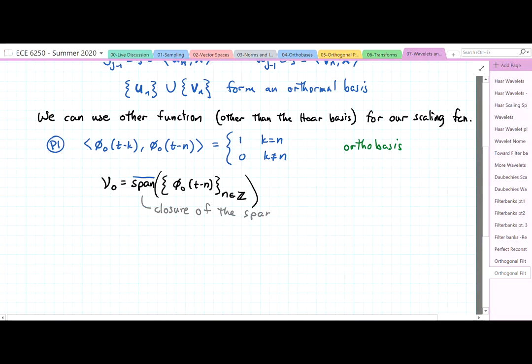We're just going to call it the span in the case of the basis, but we're going to denote the closure of the span with that bar over the top.